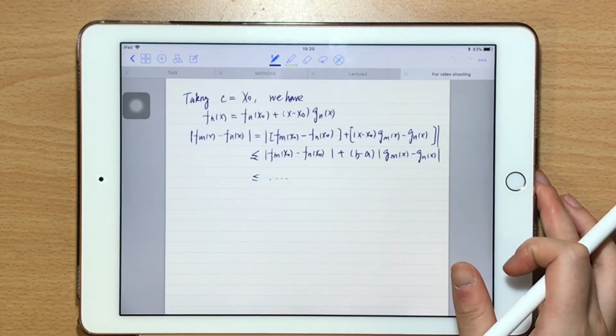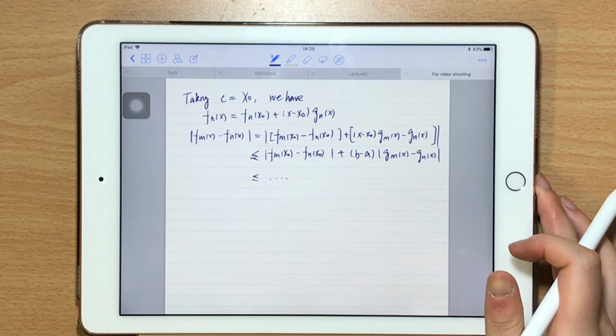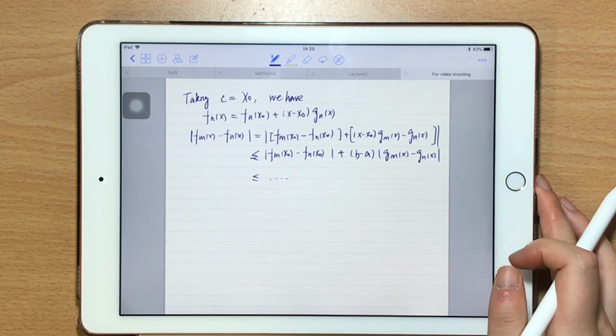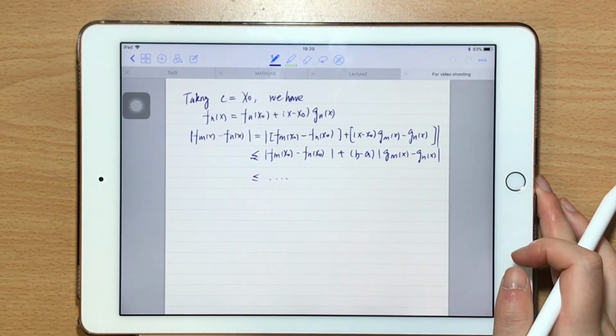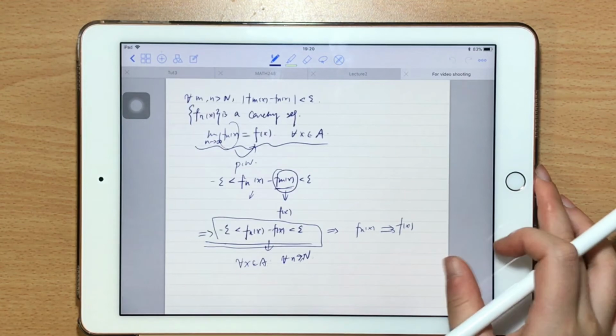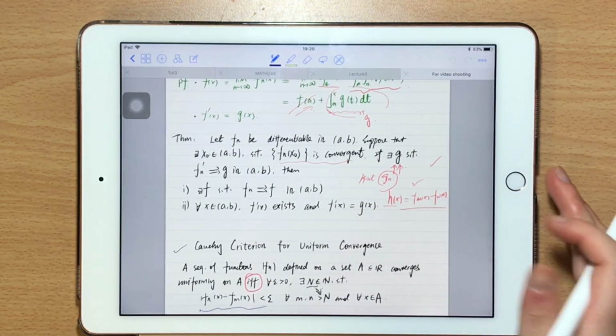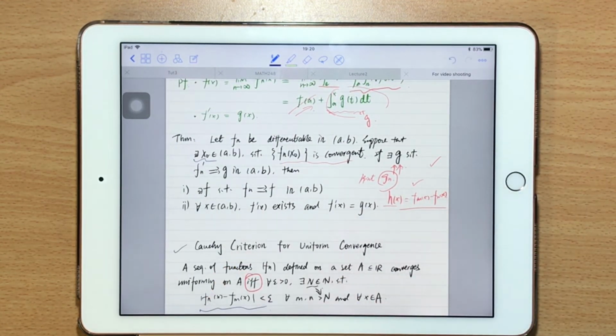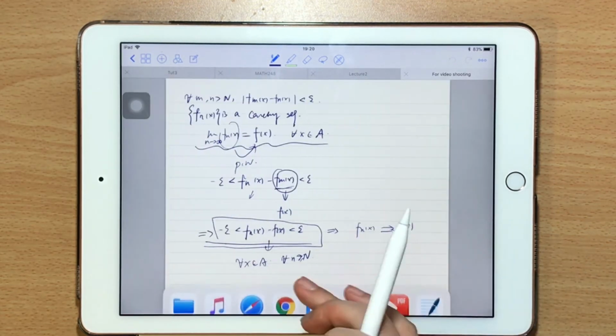So now we're taking c equal to x naught. x naught is the point defined in the theorem. It says, remember that, suppose there exists some point x naught such that f_n(x naught) is convergent.